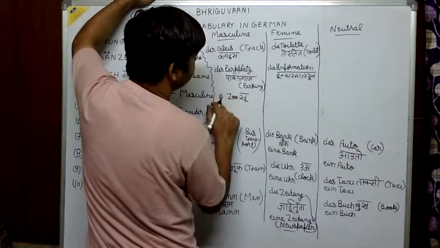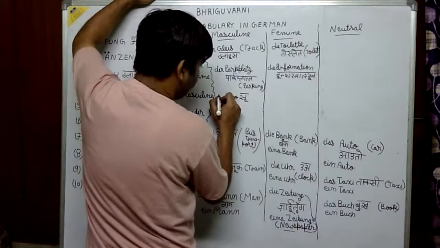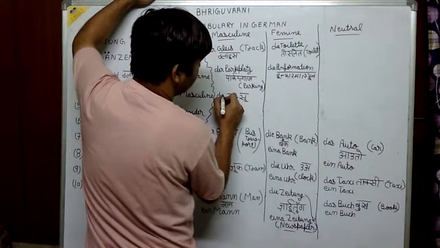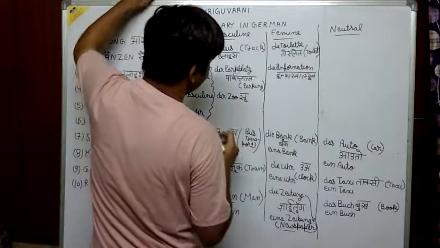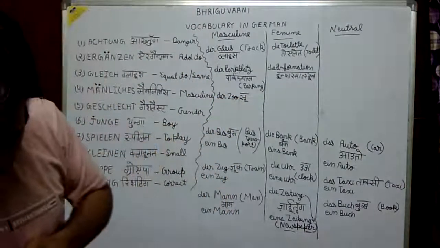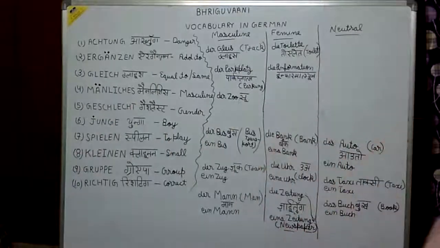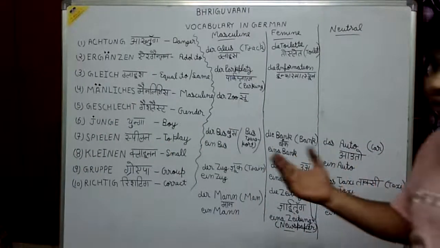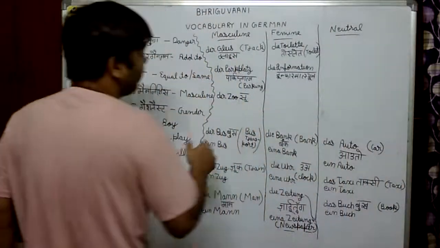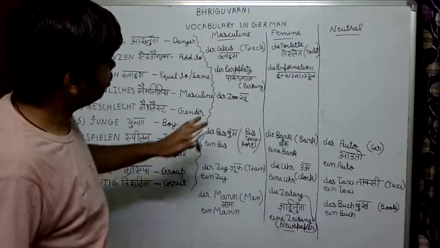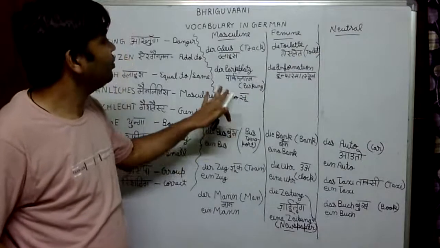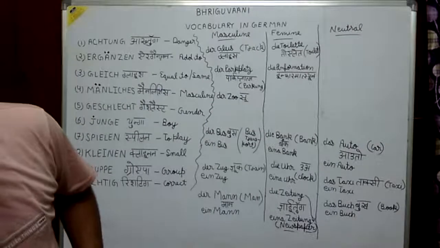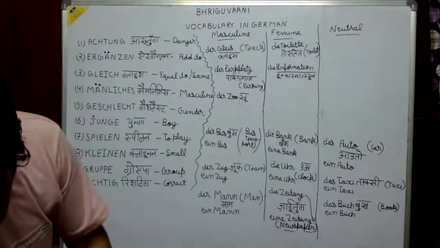We say der Zoo. This Zoo is a masculine word and is the same as zoo in English. So, since it's masculine, we say der Zoo.